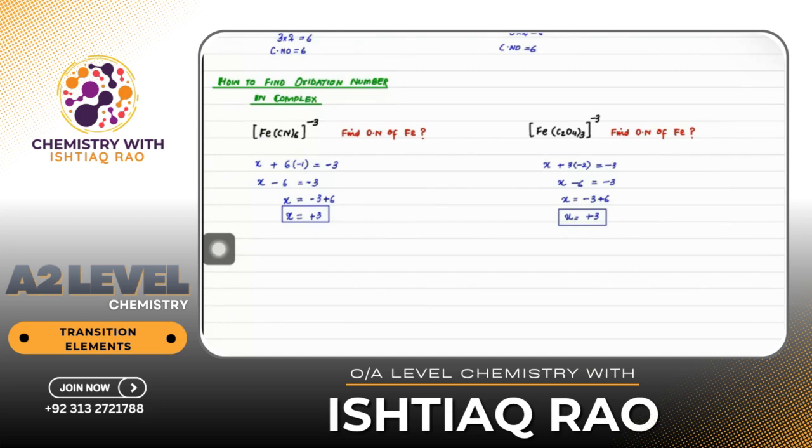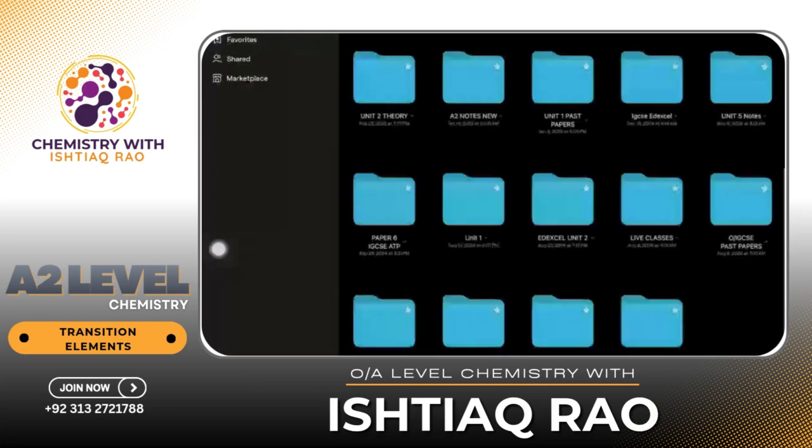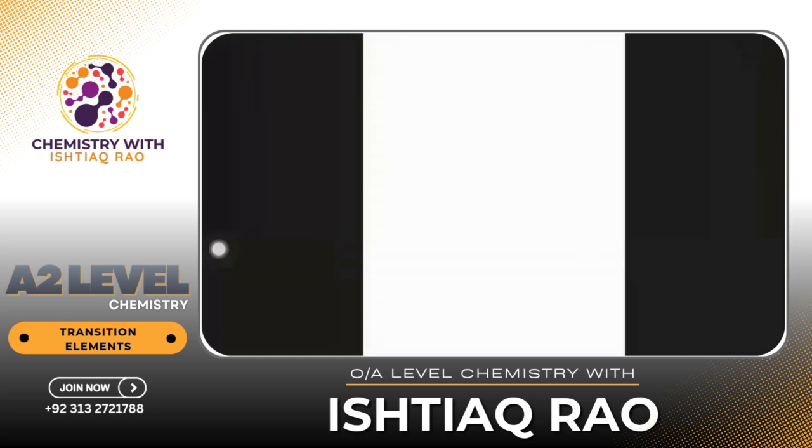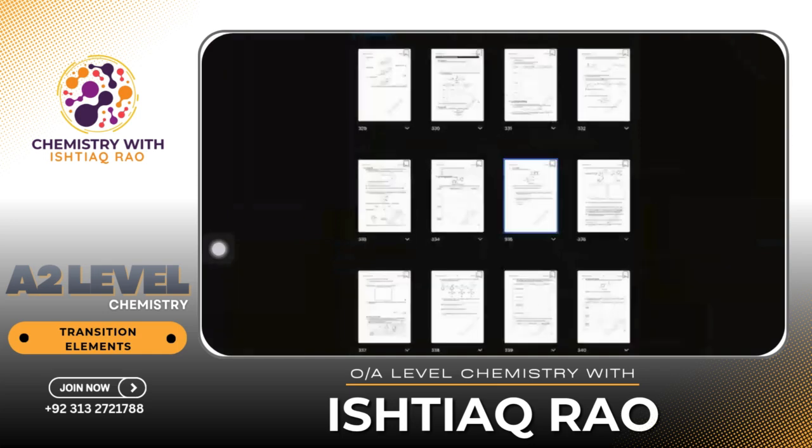Okay. So there would be a lot of questions related to this one. You will see in paper 4. Let's do the question related to the charge and coordination number and all of that stuff. See this one? Transition elements.